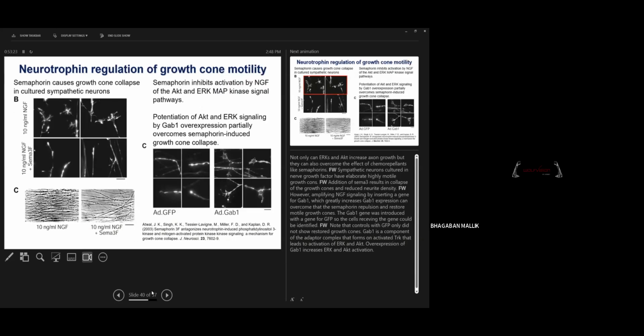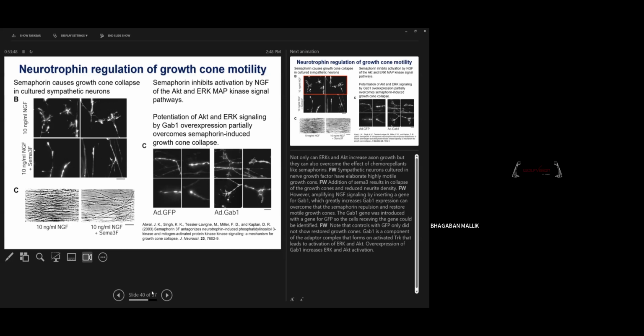Then again, I talked in the very beginning of my class lecture about semaphorin, and how semaphorin causes neuronal growth cone collapse. In this final lecture I am showing the mechanism of how semaphorin regulates neuronal growth. Here they have taken this culture and added NGF, nerve growth factor.